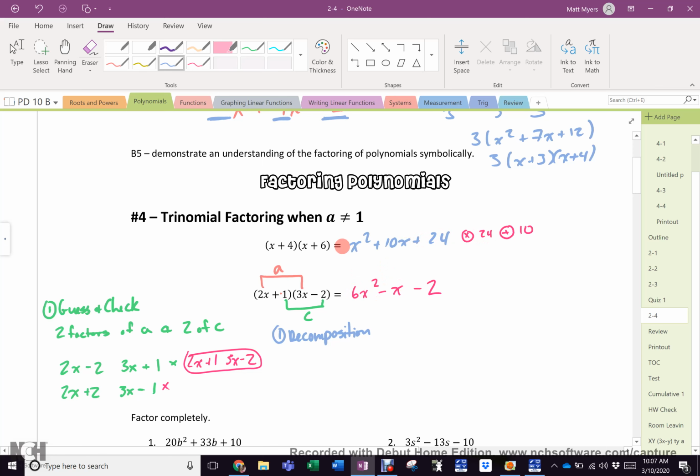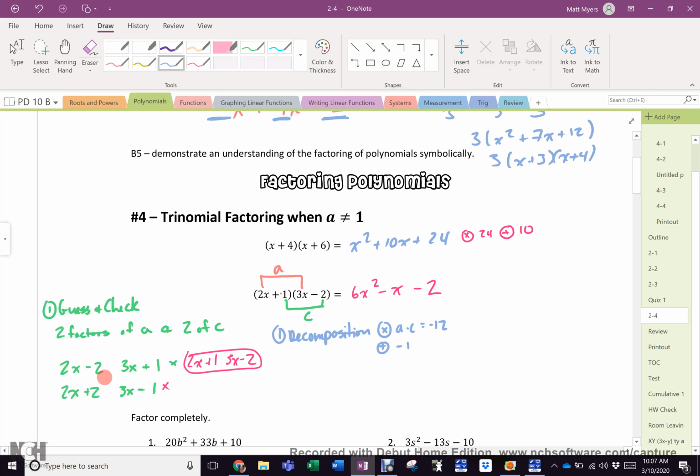So doesn't it make sense that instead of multiplying to 24, I have to multiply to a number 6 times bigger? So in decomposition, we have to multiply to A times C, which in this case is negative 12. But we add to negative 1 still.